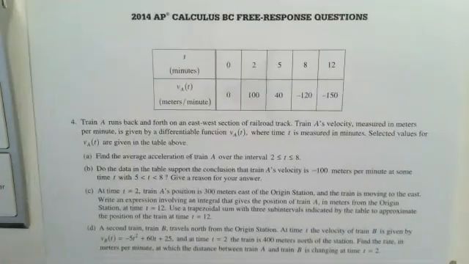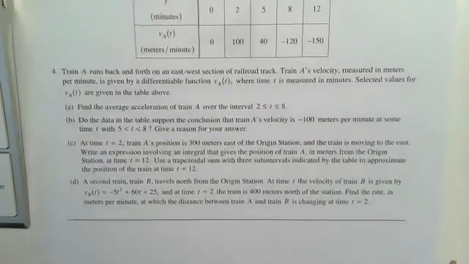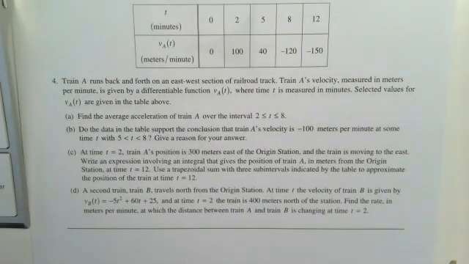Oof, that'd be horrible. Okay, number 4, train A runs back and forth on the track. Train A's velocity, given differential function, time t is measured in minutes, like values given in the table above. Average acceleration from 2 to 8.